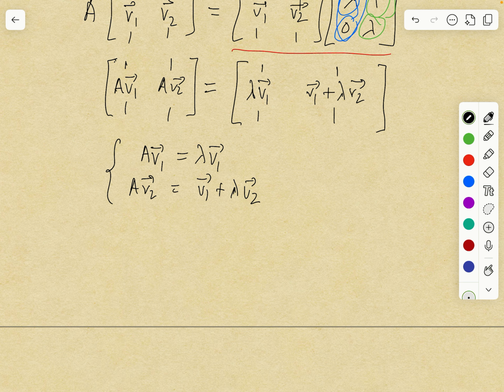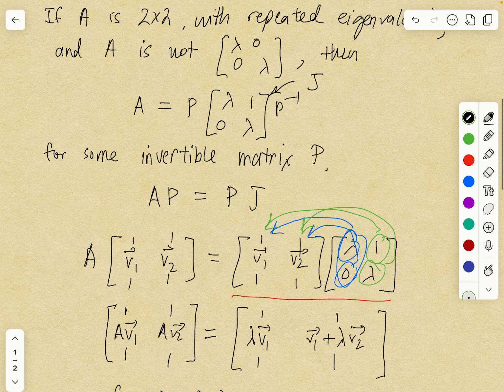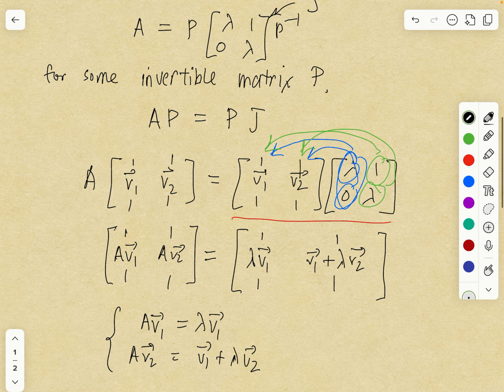So I have this system of equations. If I can find v1 and v2 that satisfy these two equations, that's going to give me my matrix P. So that's how you find the matrix P in the Jordan form. Lambda is the repeated eigenvalue.